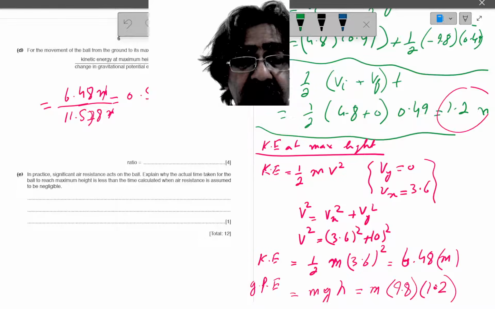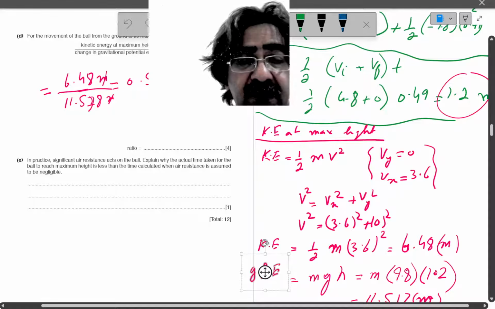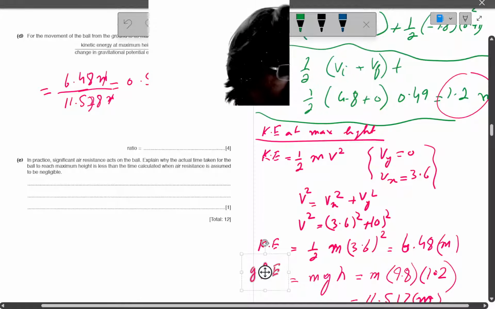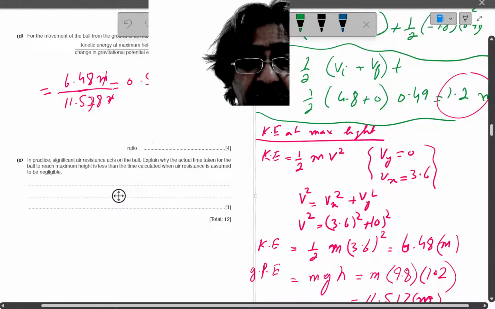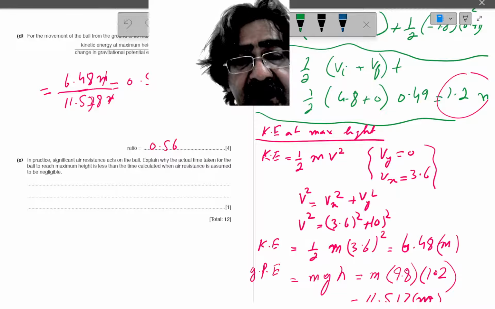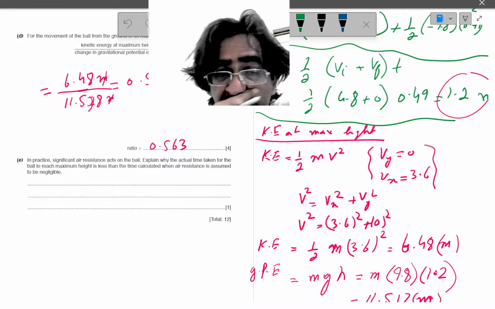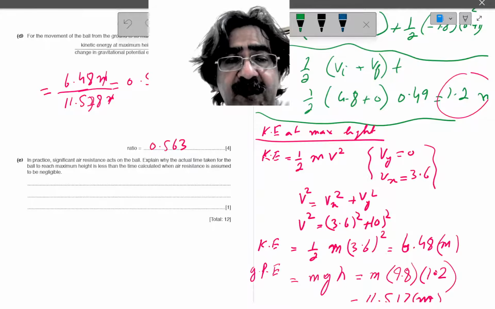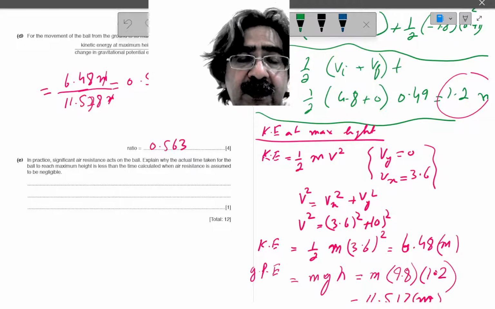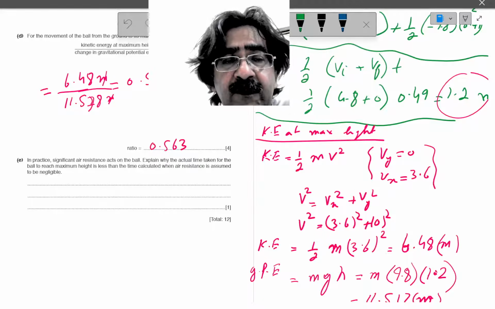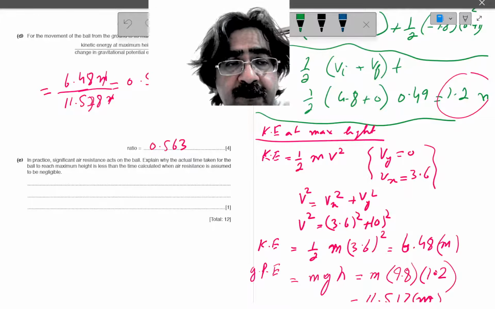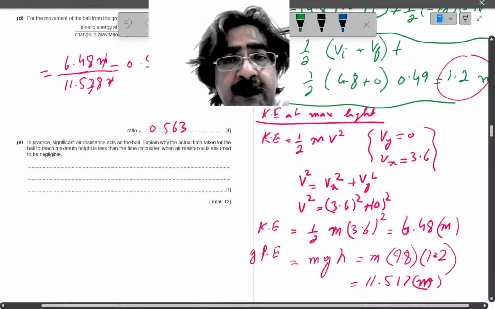So the answer will be 0.563. Because it is a ratio between two joule quantities, these two physical quantities have the same unit, so the unit will be cancelled, and this will be only the ratio, independent of its unit.